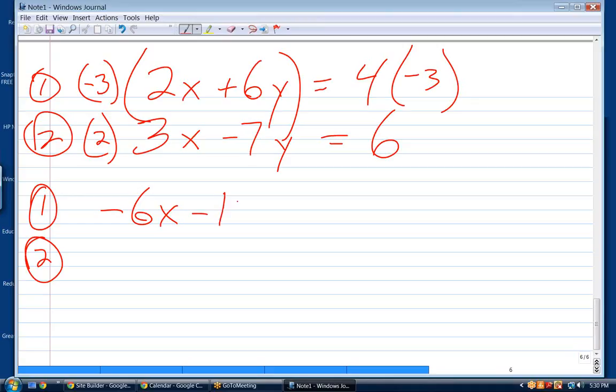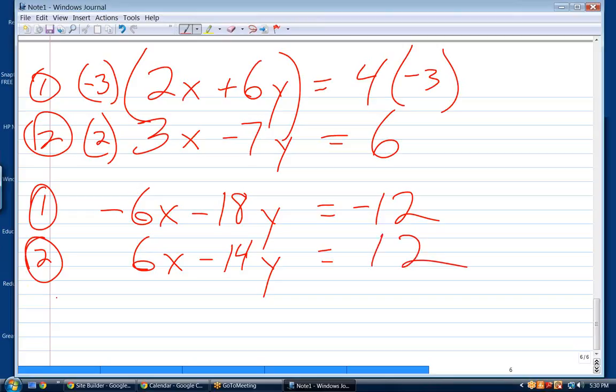Negative 18y equals negative 12. Okay, and in the bottom equation, multiply every term by 2. It'd be 6x minus 14y, and then equals 12. Now add the two equations.